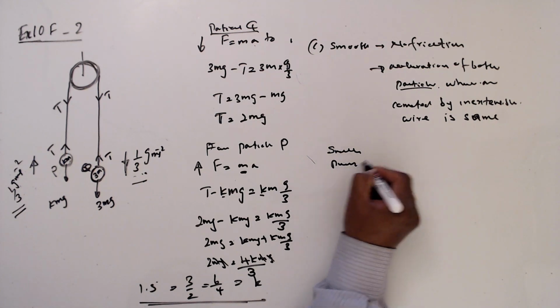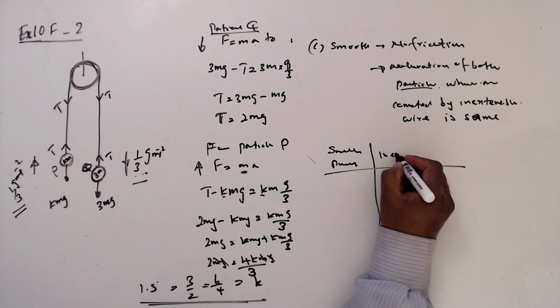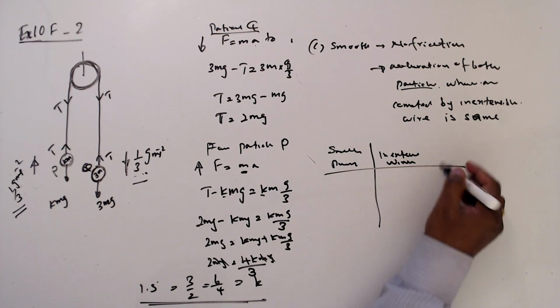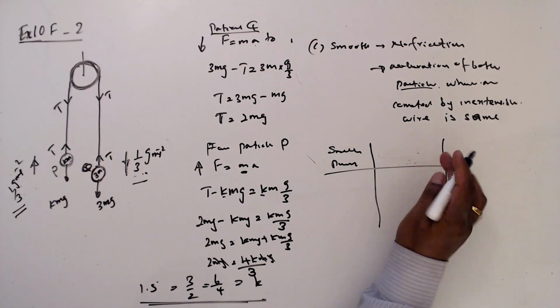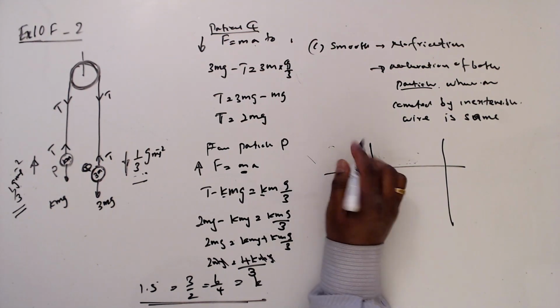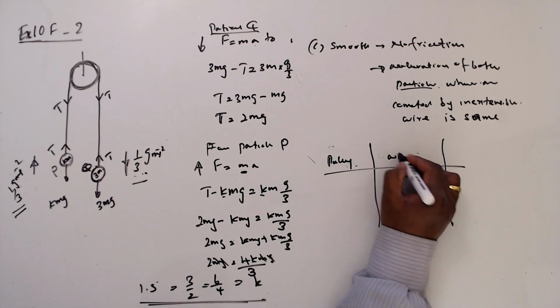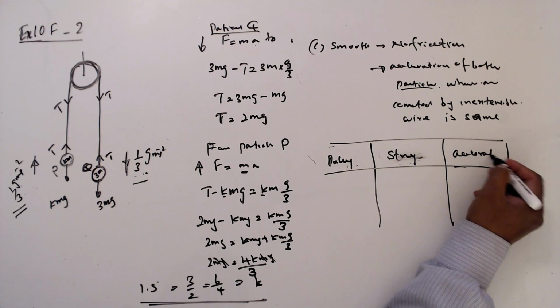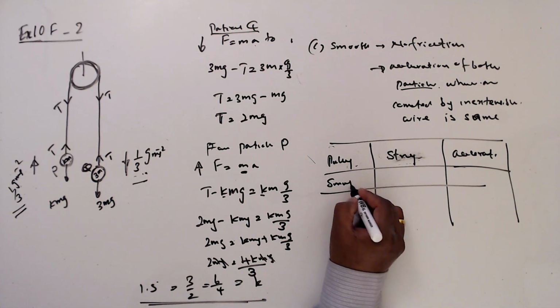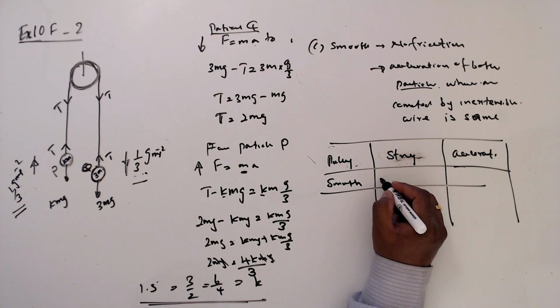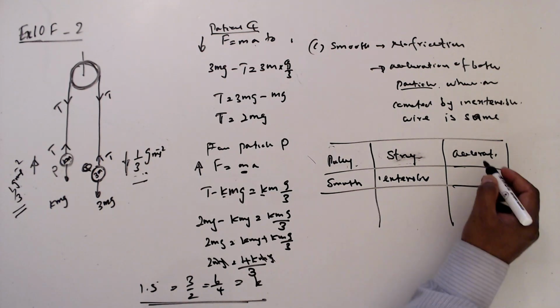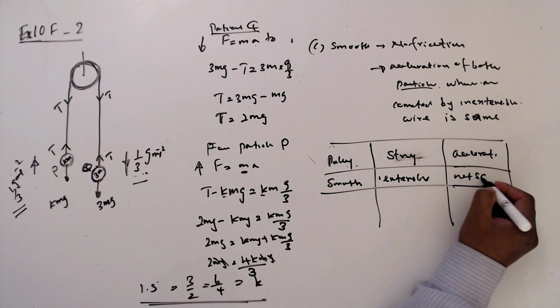smooth pulley, inextensible wire, okay, pulley, wire or string, and acceleration. If the pulley is smooth and the string is extensible, then the acceleration is not the same.